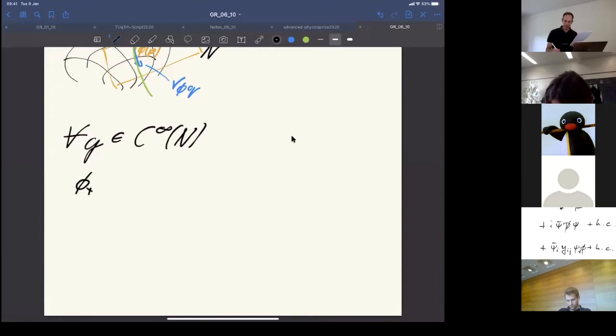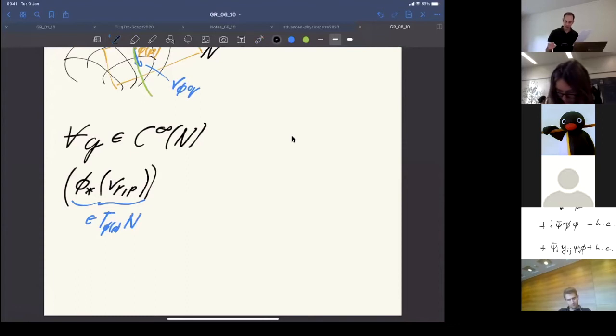We take the push forward of the vector V gamma at P, and now I have a new vector, an object in T_φ(P) N. To understand what this object does, I put a bracket around the whole thing and apply it to any function G. Now I just apply the definition. We, of course, know what that is, we just defined it.